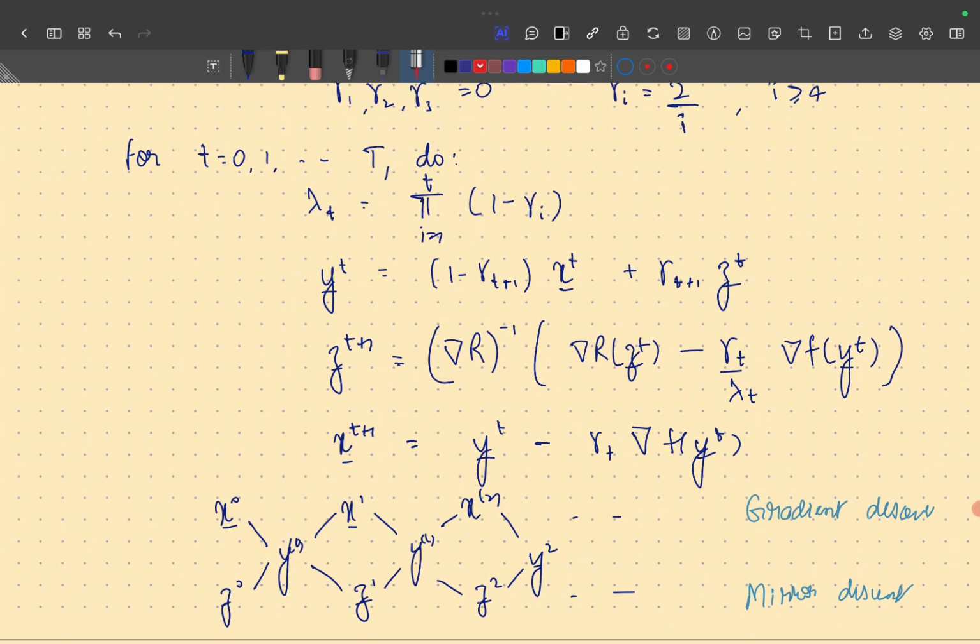And also, if you look at the step sizes, these step sizes become smaller and smaller as t becomes larger and larger. But it's chosen in a very specific way. I can't choose a different set of step sizes gamma t and end up with the same convergence result.